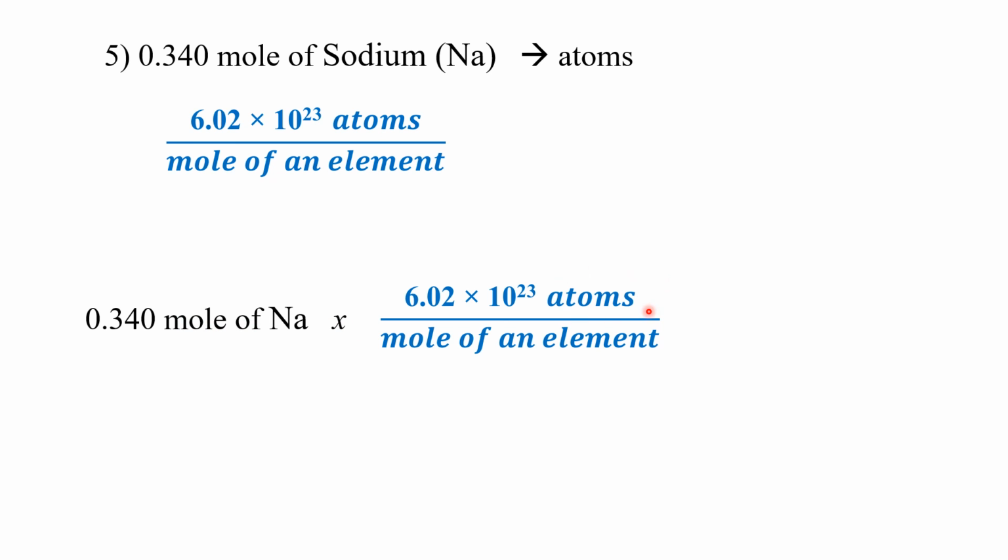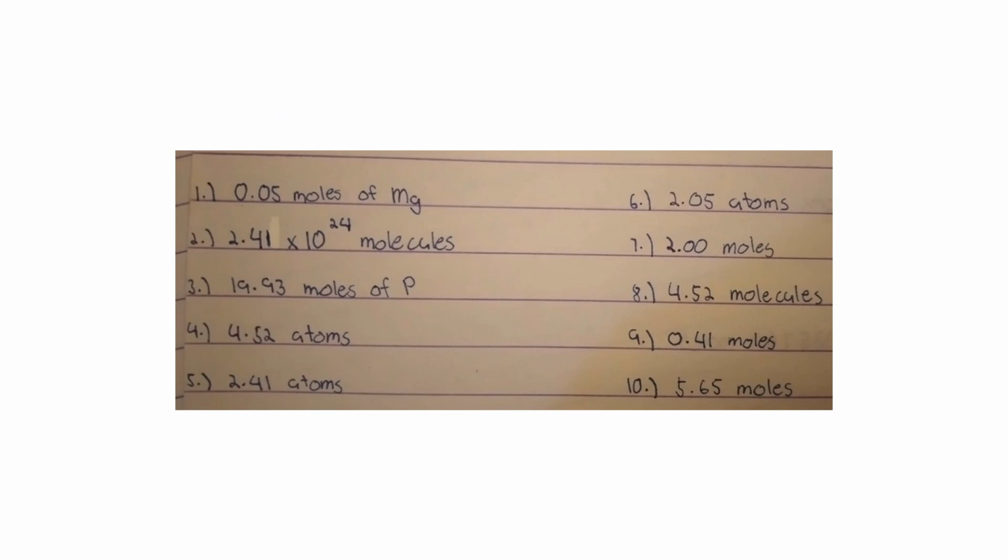What remains is atoms, because that is what we are looking for. So this is going to be your answer. Now, let us check your answer. It looks like this part and this part are not correct.